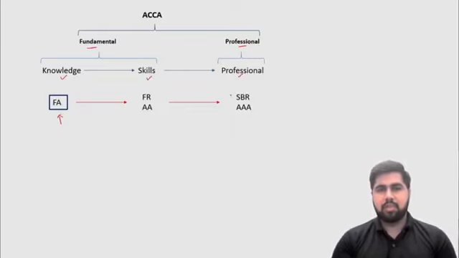Within the professional level you have professional papers. Your studies in financial accounting, that is F3, will help you in your studies in FR, which is your financial reporting, also known as F7, and your AA, which is audit and assurance, also known as F8.